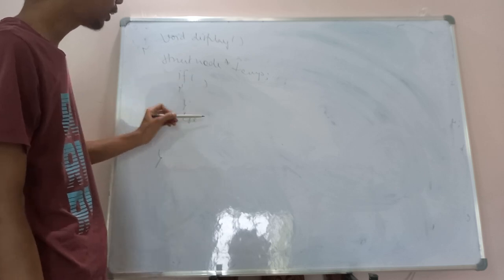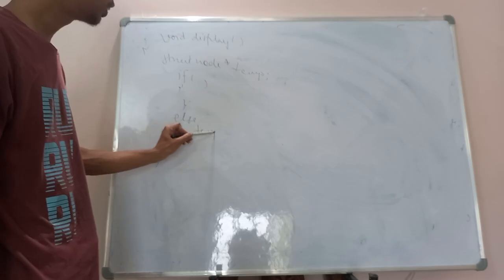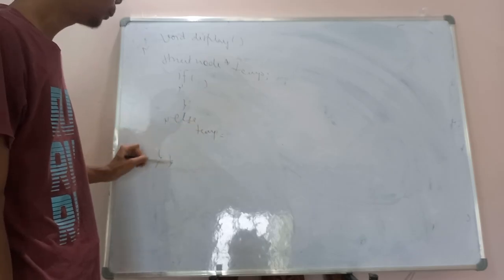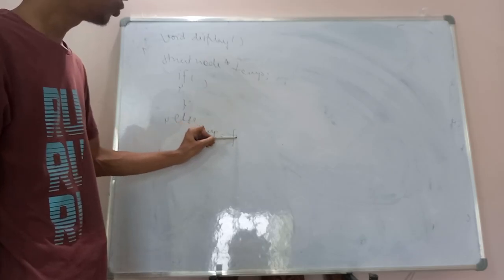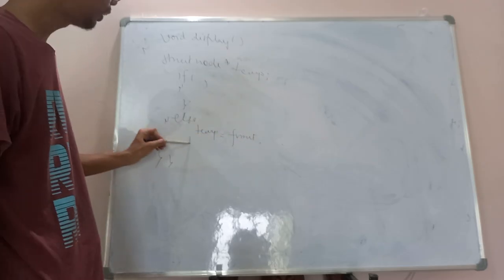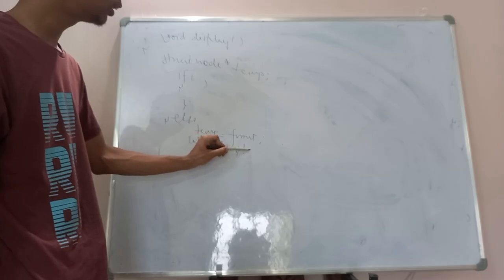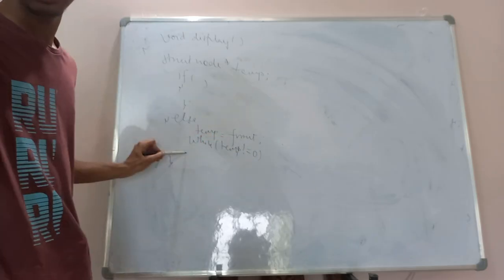But in the else part I have a proper queue. So what I will write, temp is equal to front, right? And then while temp does not become null, I will print.